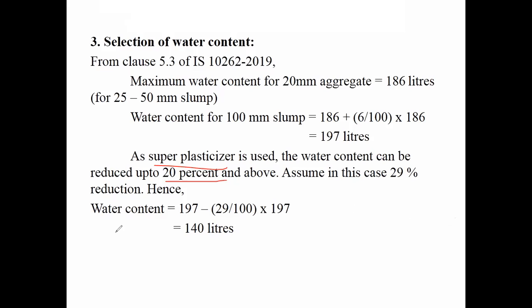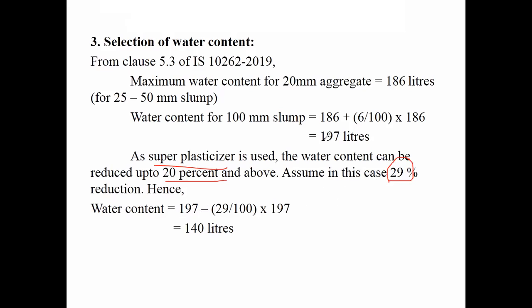This is design, and there is a difference between design and analysis. In design, everyone will get different values; the values need not be the same. Analysis is something different. You may take 30% here also, that is not wrong, but follow the same procedure, it will help you throughout your examination. Now I am taking 29%.